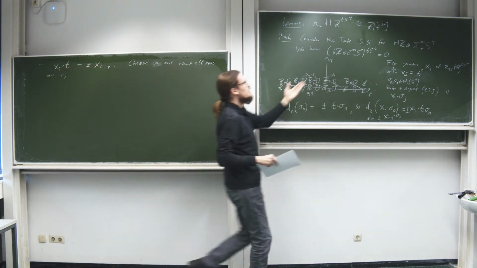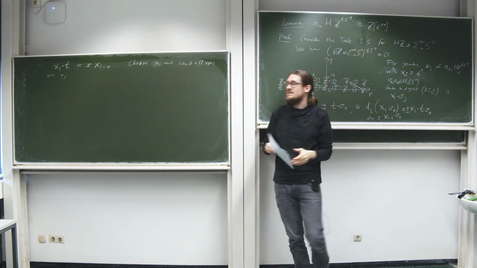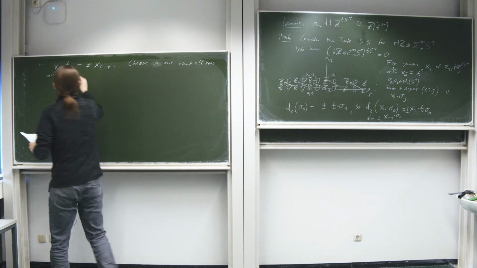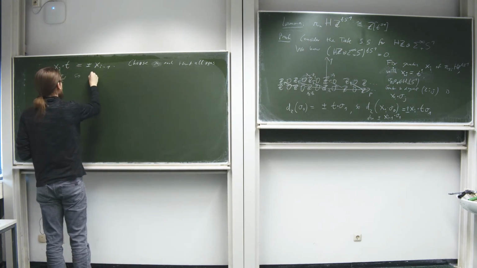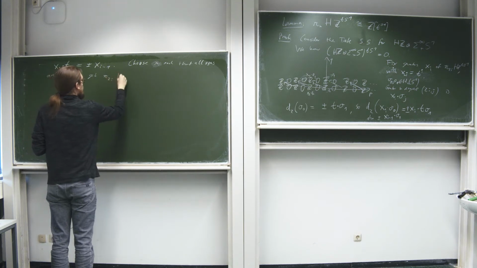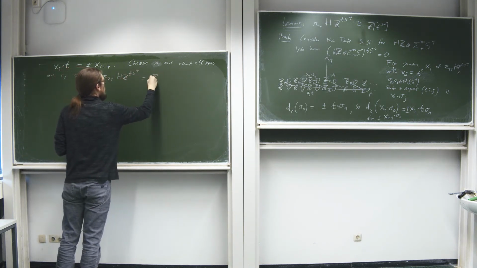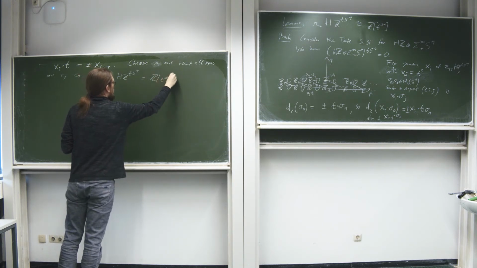And if you think about it, that's precisely what this guy is, right? This exactly identifies this. So we get that these homotopy groups here are simply this ring.